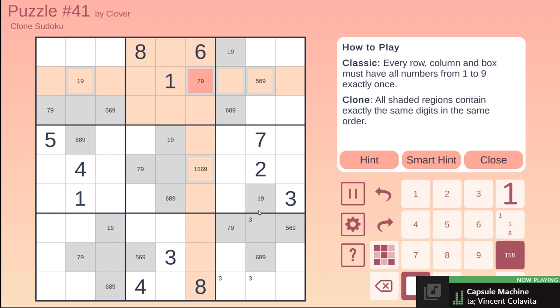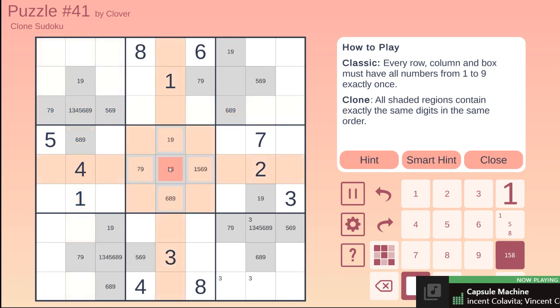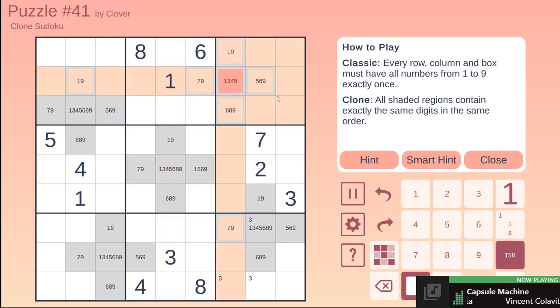The middle digit's a little different because there's no cell in which every number looks at it, but we can still do it. 1, 3, 4, 5, 6, 8, 9. Now, 1 looks at those.